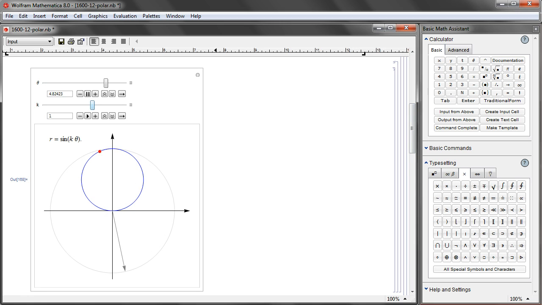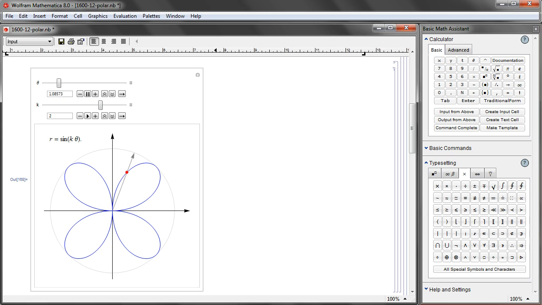Now, when k is 2, as you see in this picture, sine of 2 theta is positive when theta is between 0 and pi over 2, in the first quadrant, and also between pi and 3 pi over 2. So in the third quadrant, positive r value.